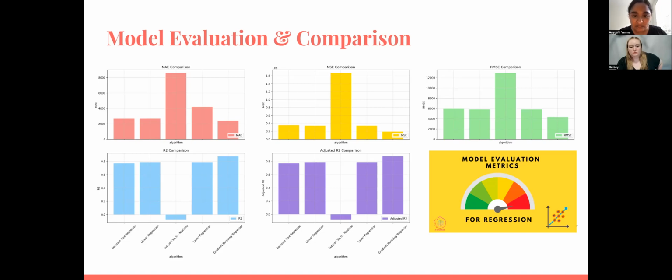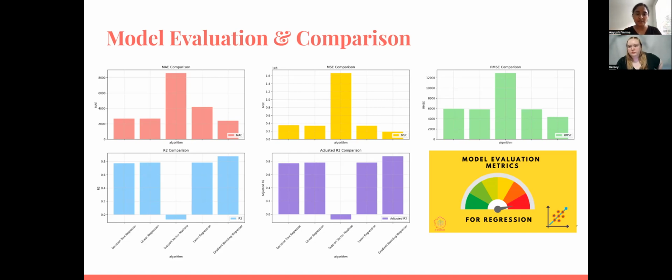Okay, so the next graph, the yellow one, is MSE, mean squared error. This metric evaluates the squared difference between the actual values and the predicted values. The reason that it's squared is to, A, remove any negative values that may arise, and B, to sort of gauge the effects of the outliers on this data set.